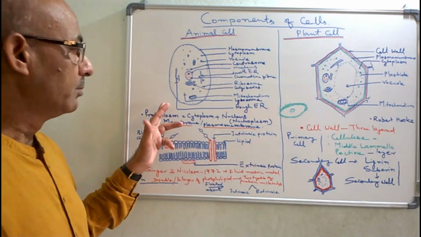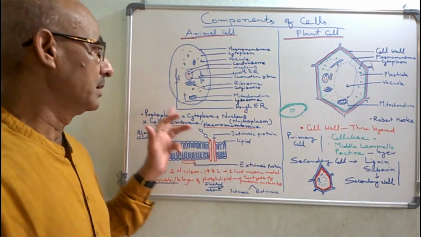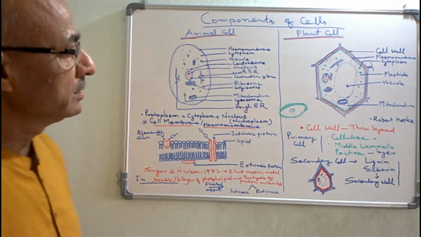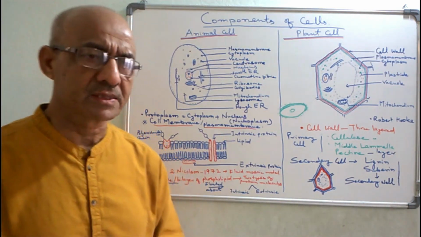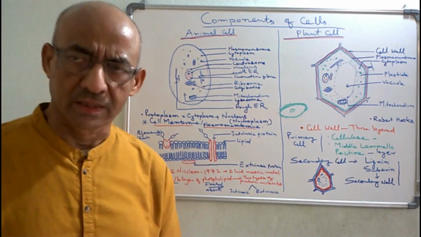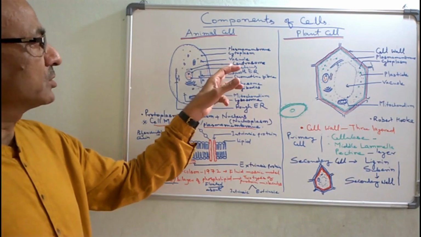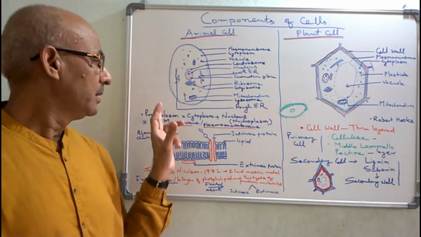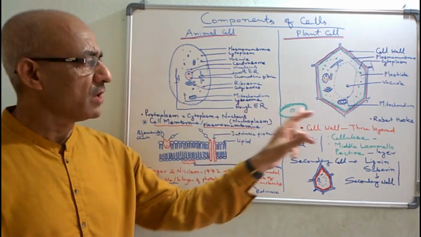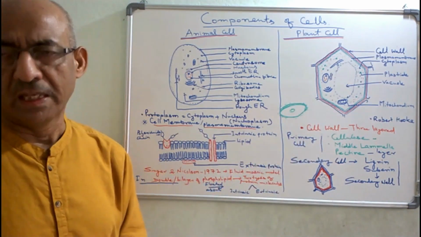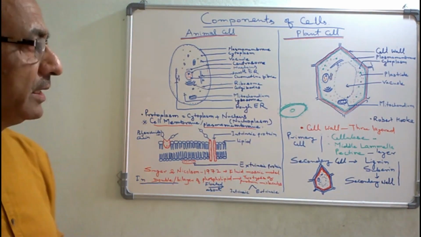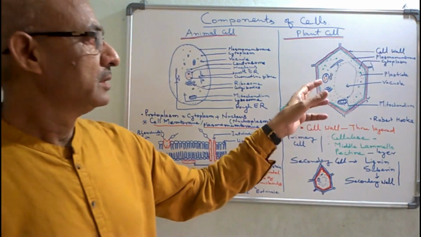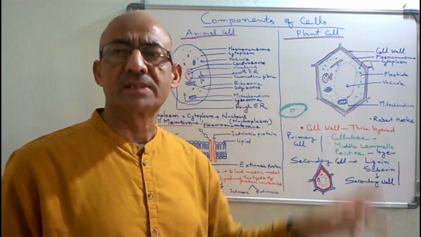Normally, in both animal as well as plant cells, most of the cell organelles are found, except certain cell organelles, like the centrosome. Centrosomes are only found in animal cells. They are not found in plant cells, as we have already discussed. Similarly, the cell wall is only found in plant cells.